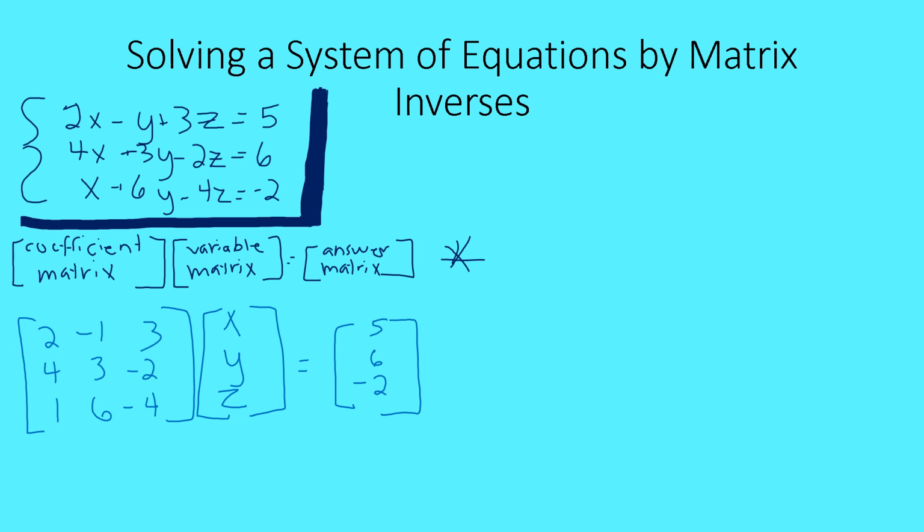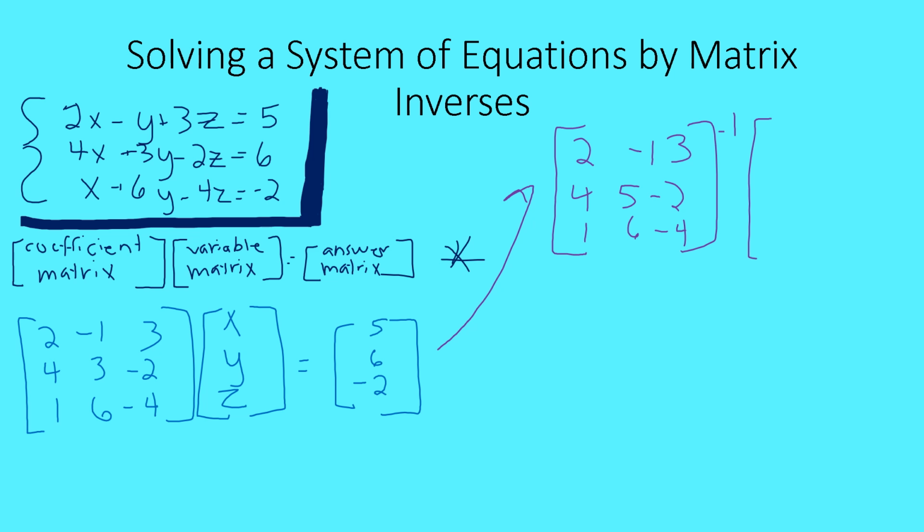Now, in order to solve for our x, y, and z, all you have to do is multiply the inverse of our coefficient matrix times the answer matrix. So the inverse of the coefficient matrix times the answer matrix.